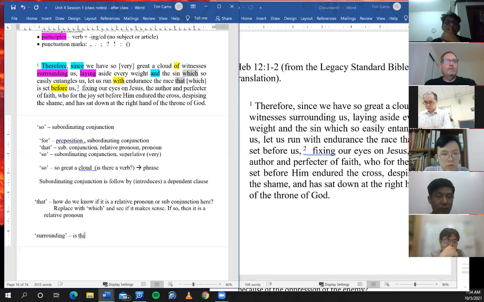Okay, is this a regular verb here? Because remember, those are our three options we have. It could be a regular verb, it could be a participle, or it could be those things we called gerunds.